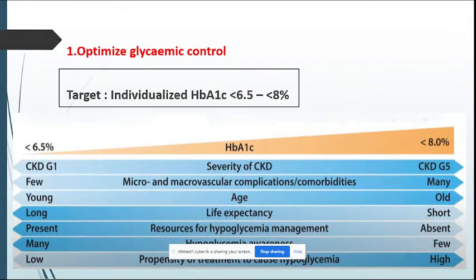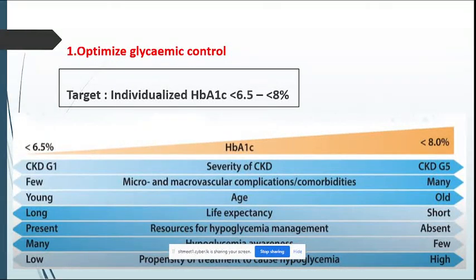The risk of hypoglycemia increases as renal function decreases. So the target of glycemic control should be individualized, with HbA1c of 6.5 to 8 depending on various factors.